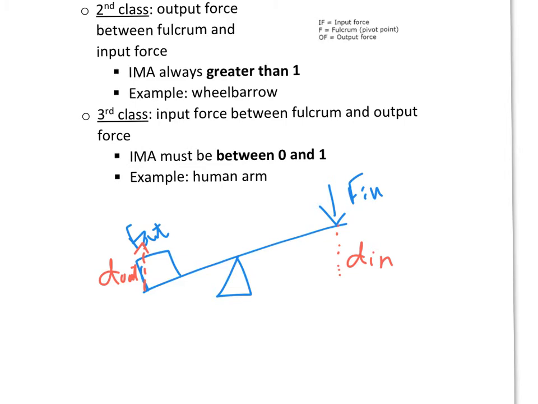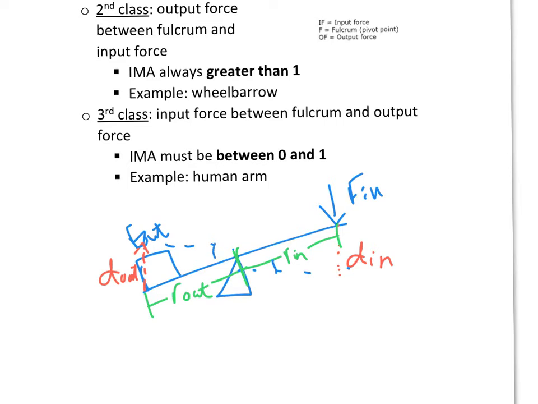So the distance between the input force, output force, and the fulcrum would be something different. We're going to call that, from here to here, the output radius, and from here to here the input radius. I'm going to pull trig again, because these would make triangles, and they would be similar triangles, so you have an angle here, and this would be R out.